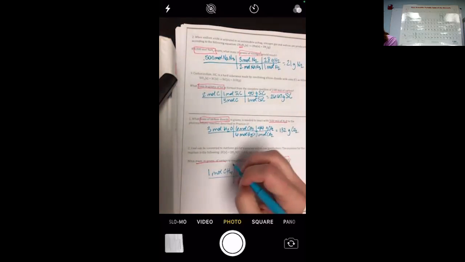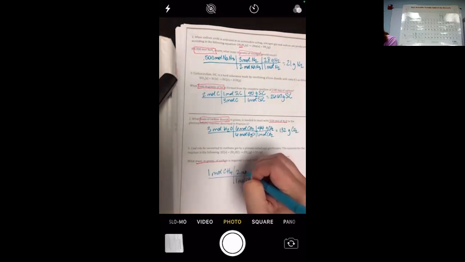In this equation, we have 1 mole of CH4 from 2 moles of carbon. And 1 mole of carbon is 12 grams. Made that line a little too long. So 12 times 2 is 24 grams of carbon. And that is my answer there.